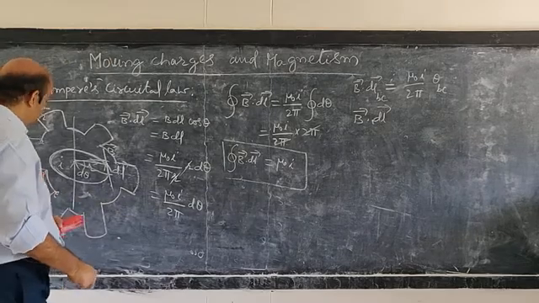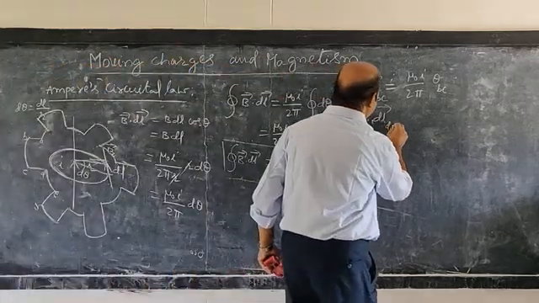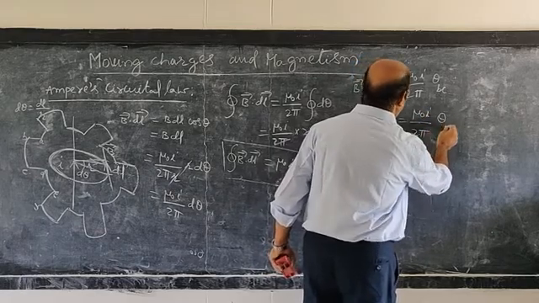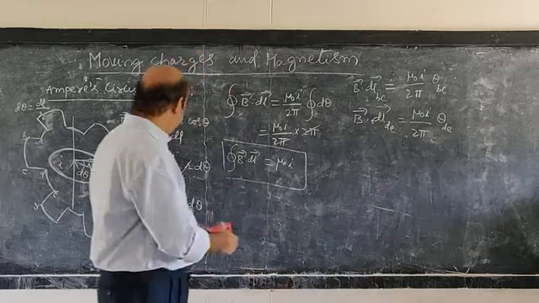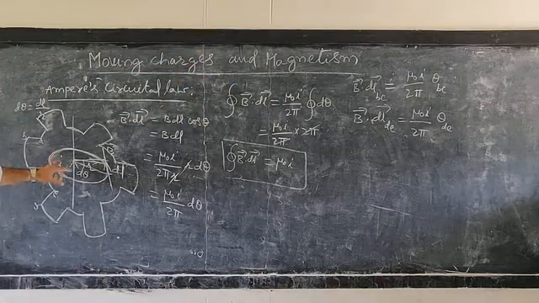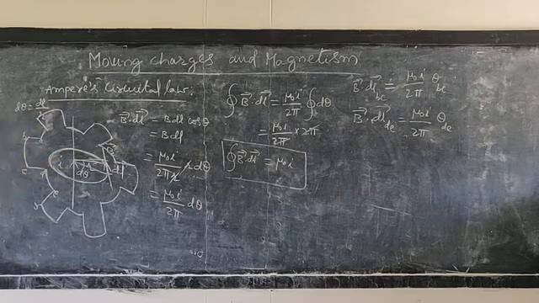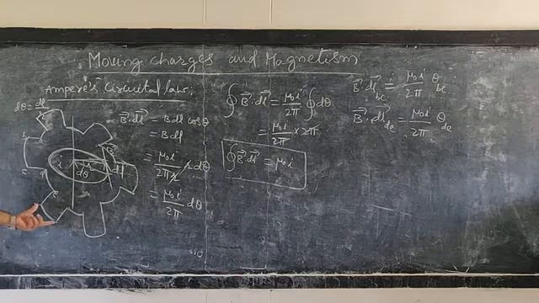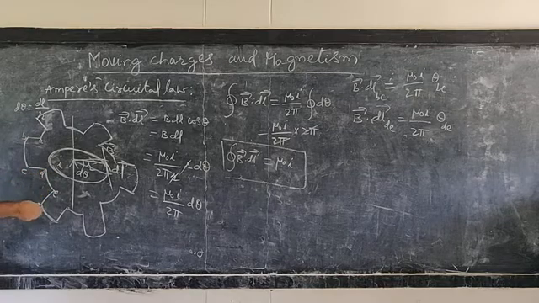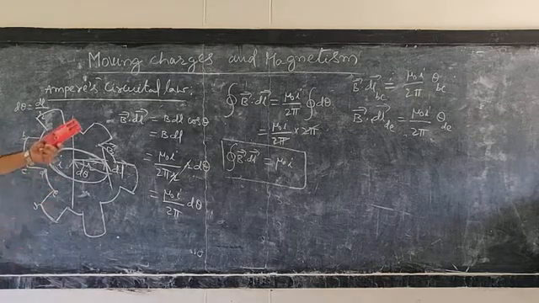Similarly, B bar dot dl bar, we take another arc. So let us say DE. So we can write mu naught I by 2 pi theta DE, that is the angle made by this arc at the center of the closed path or at the current carrying conductor. So like that, for every arc of the path, you can calculate the dot product like that. But due to all these radial paths, that is AB, CD, EF, etc., the dot product will be 0.